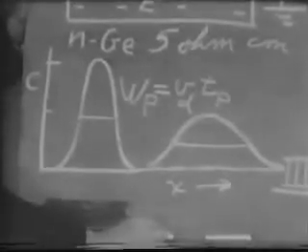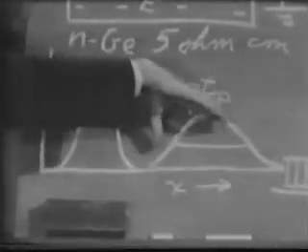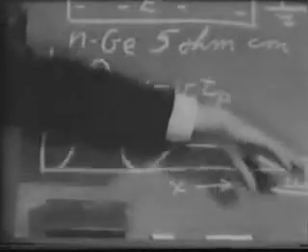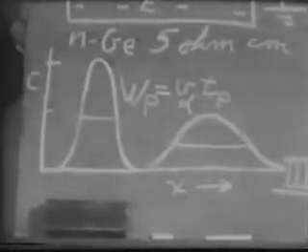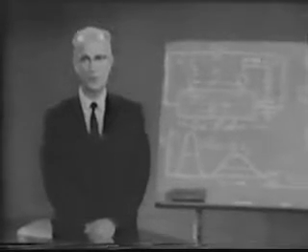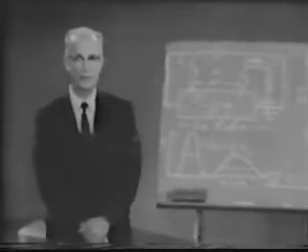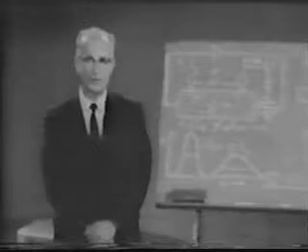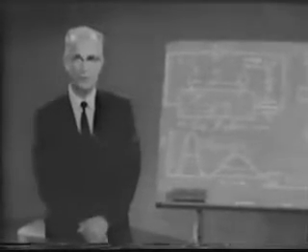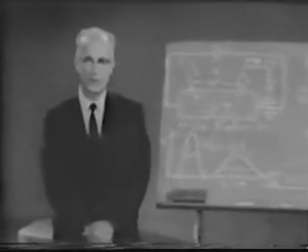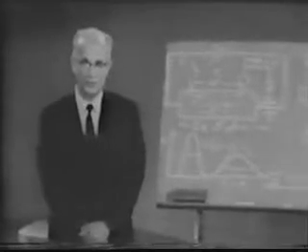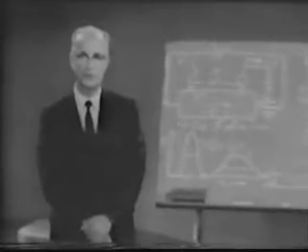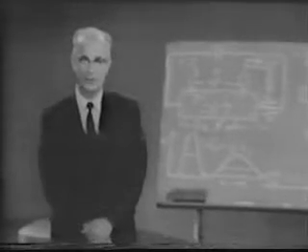Actually, the pulse changes shape a little as it passes under the detector, but our pulses move fast enough to permit neglecting this effect. Now for our case of diffusion in a uniform electric field, the width W sub p depends only on the transit time t and the diffusion constant D, with dimensions of centimeters squared per second.